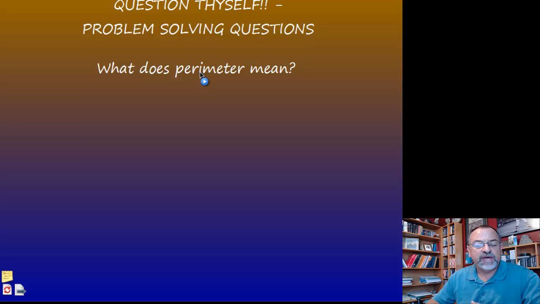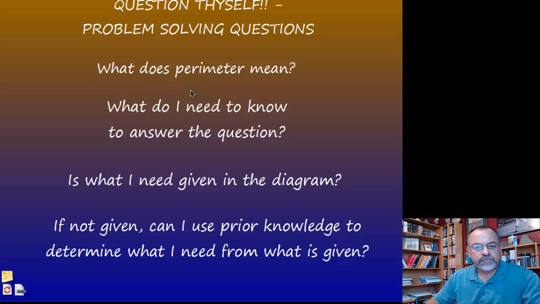Once you know that, then you need to know, okay, what values do I need to calculate that? And then once you know what values I need, you then go to the diagram to see if those values are given to you. Now, in the beginning of the lesson, those values will be given to you because they're just practicing using the formula. But as you move into the more difficult problems, they're not going to give you those values.